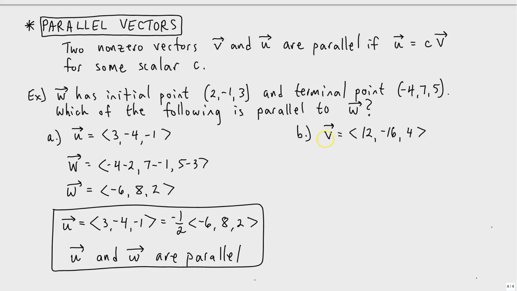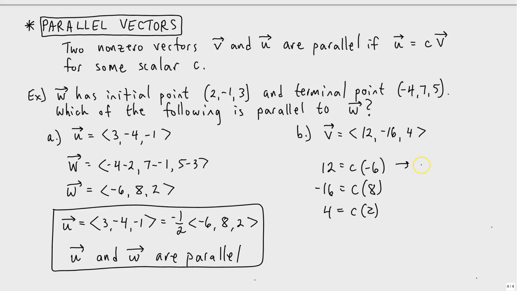Let's look at vector v. For them to be parallel, we would need some scalar c such that 12 would have to be c times negative 6, because negative 6 is the first component of w. Negative 16 would have to be c times 8. And then 4 would have to be c times 2.